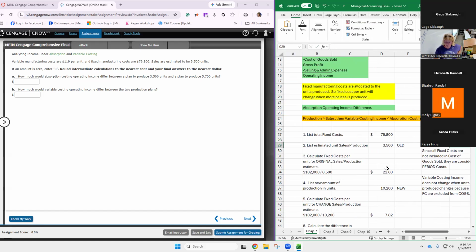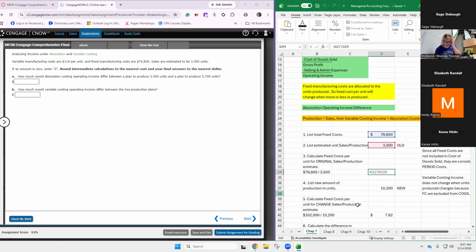And now we're going to calculate the fixed costs per unit with this much total divided by this many estimated units. So I'm going to change what this says because I have a different problem than I did yesterday. That's okay. So 79,800 divided by 3,500 gives us a certain fixed cost per unit.